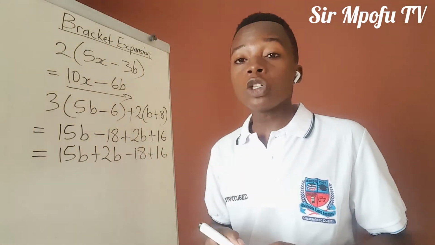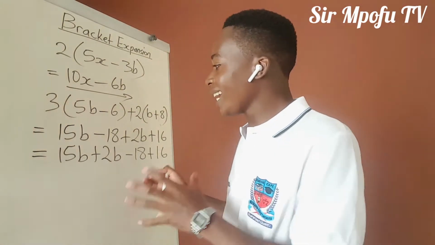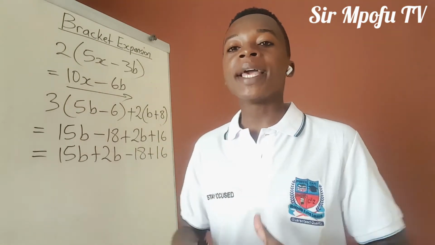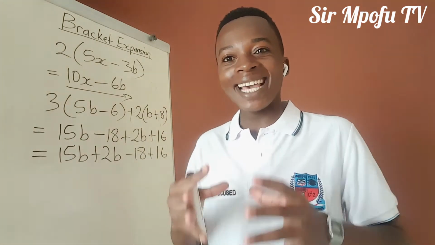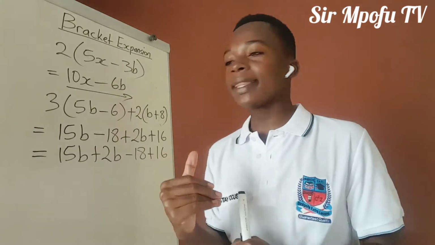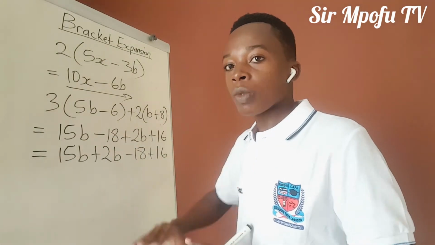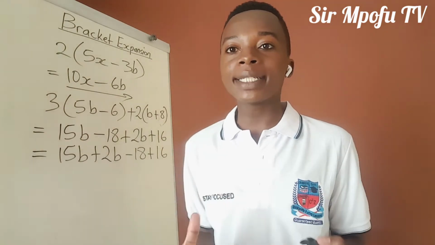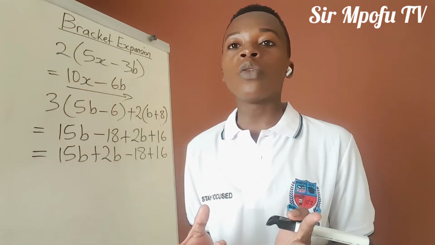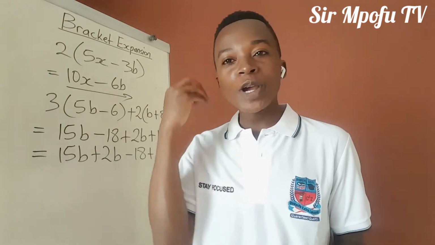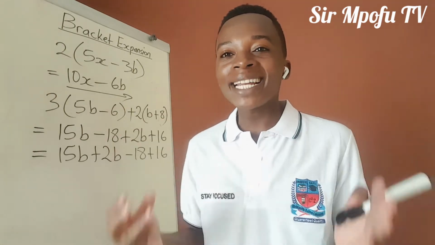There's something that I want you to take note of. As you collect like terms to simplify, they shouldn't change their signs. They should maintain their signs. You can see here, this 18 maintained a negative sign. If you change the signs as you collect like terms, the actual meaning of the expression will change, which means your answer will be 100% wrong.